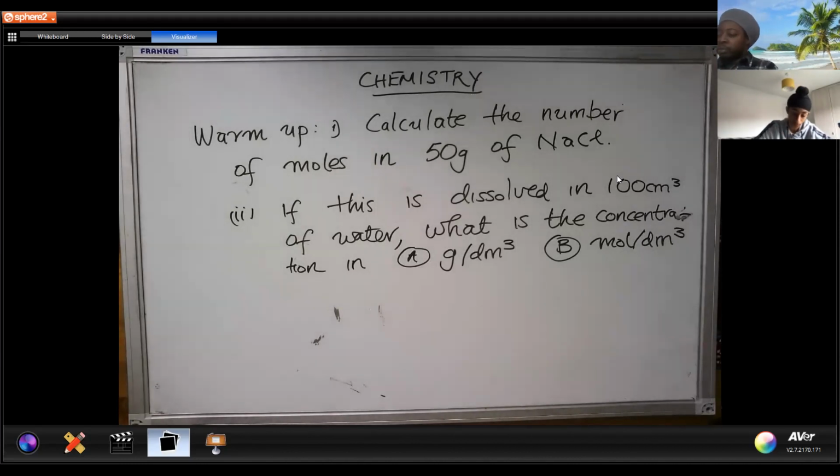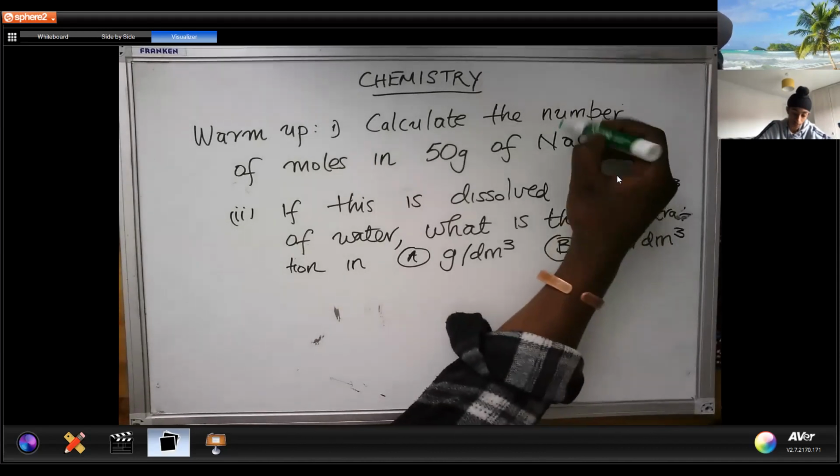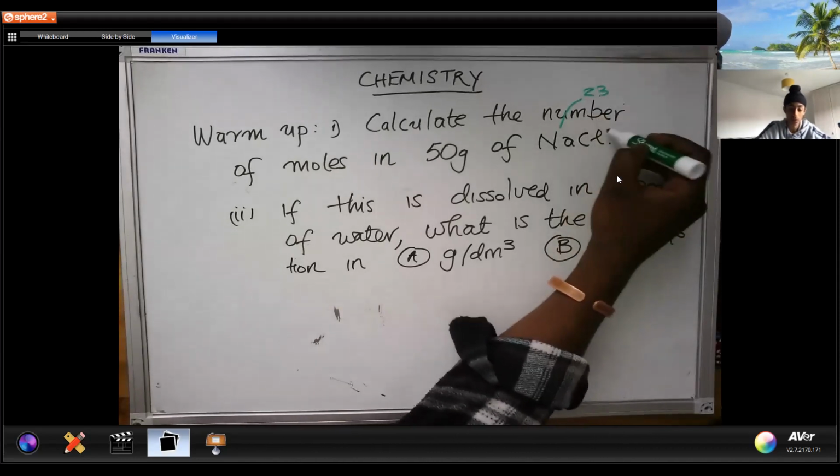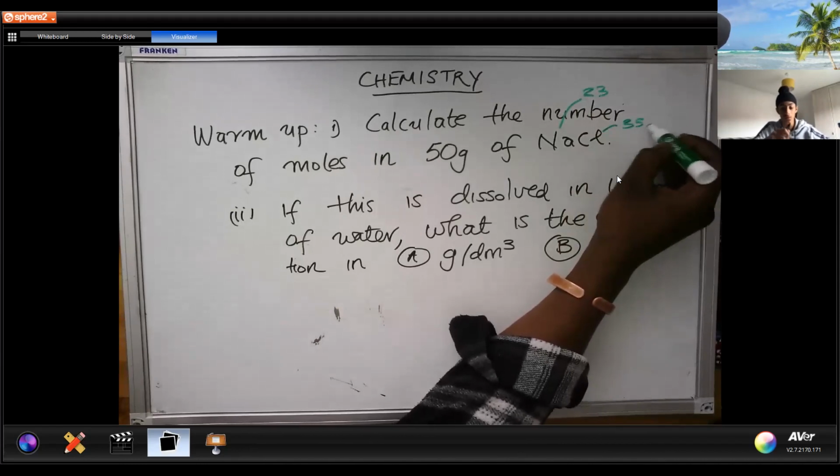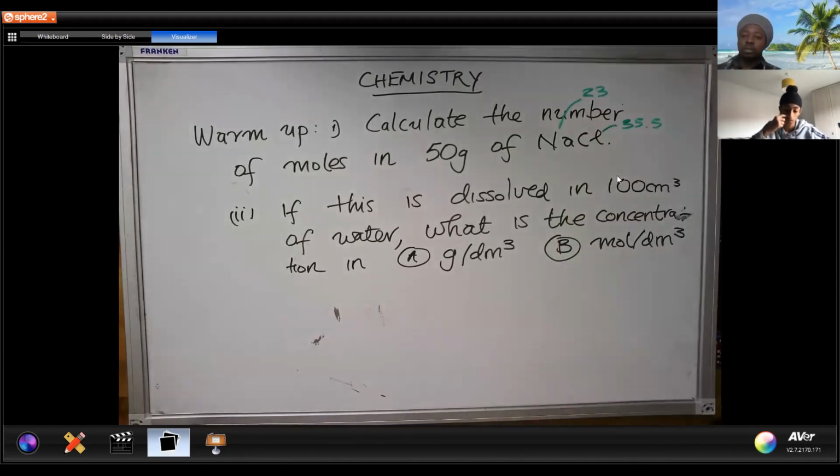So the relative atomic mass for sodium is going to be 23, is that right? Yep, 23, and then 35.5 for chlorine. Okay, good start.